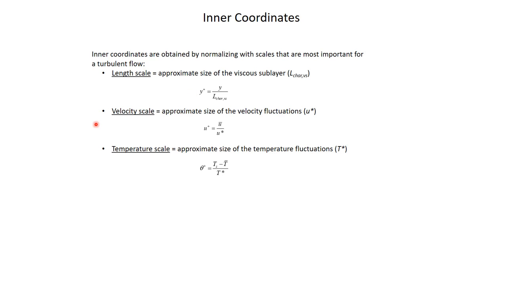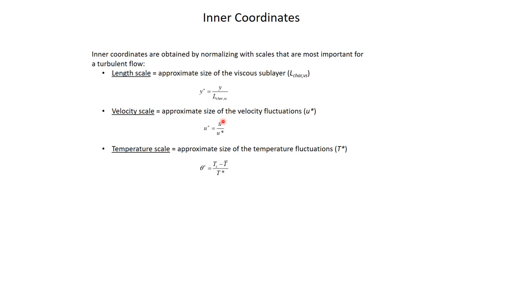So velocity scale, similar kind of thing. We're going to take our velocity and we're going to normalize it, divide it by the important velocity scale for turbulent flow, which is not the free stream velocity, but rather the size of the velocity fluctuations, right? Because it's those velocity fluctuations that are driving the turbulent transport.